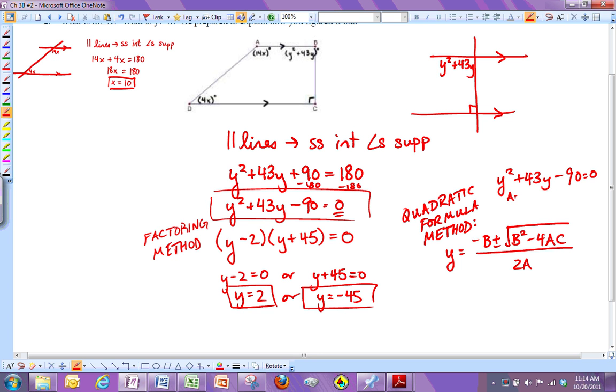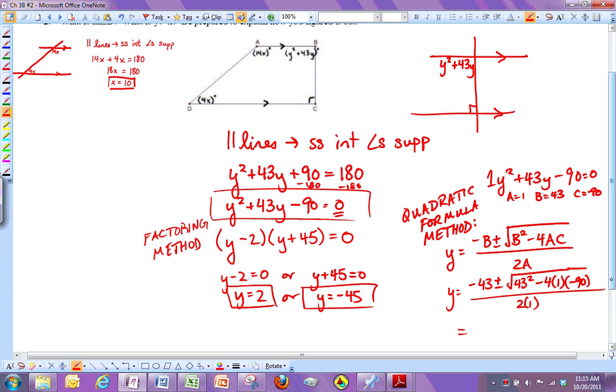The a is going to be 1, because there's an imaginary 1 implied right there. B is 43, and c is negative 90. So if I plug all this in, y is going to be negative 43 plus or minus the square root of 43 squared minus 4 times 1 times negative 90. And notice it's negative negative, so this is really going to be plus this, all over 2a, so 2 times 1.